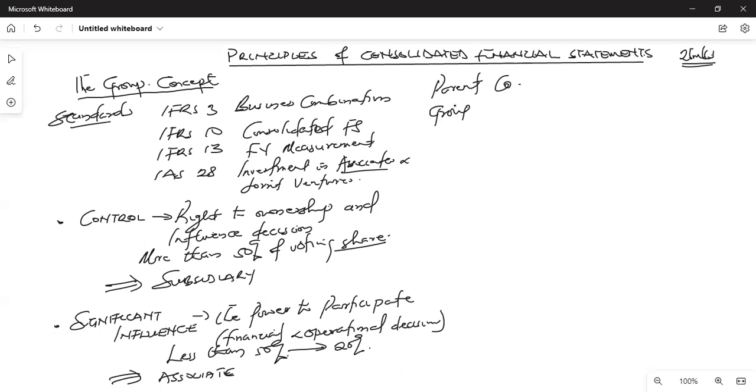However, there are exceptions to these combinations where the parents need not prepare consolidated financial statements. The conditions that apply are as follows. So we are talking about exemptions from group account preparation.